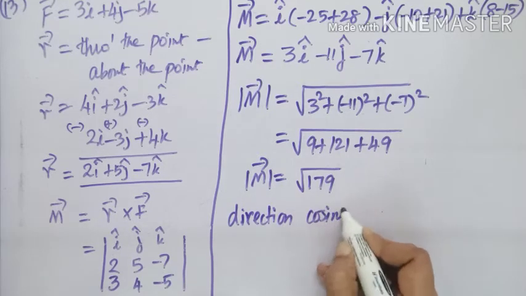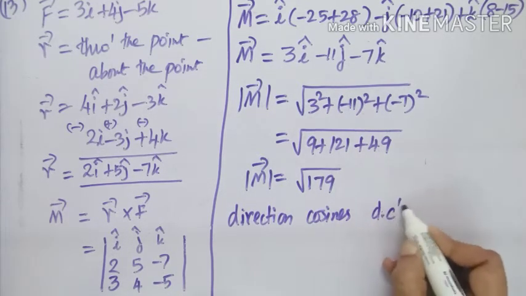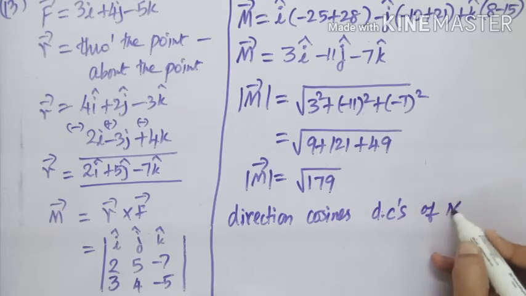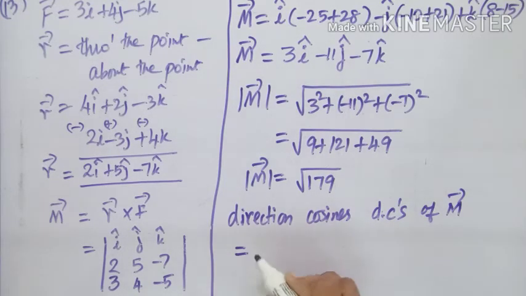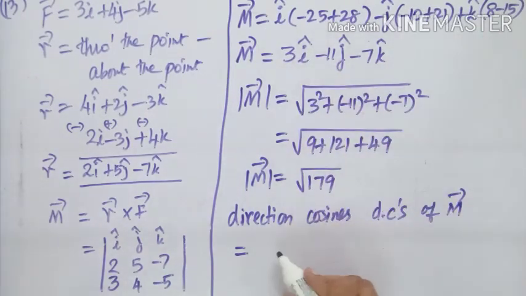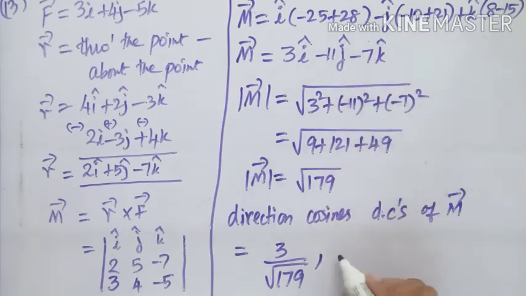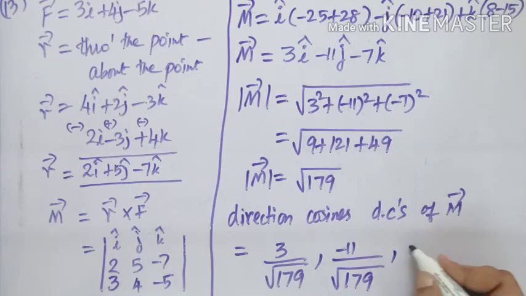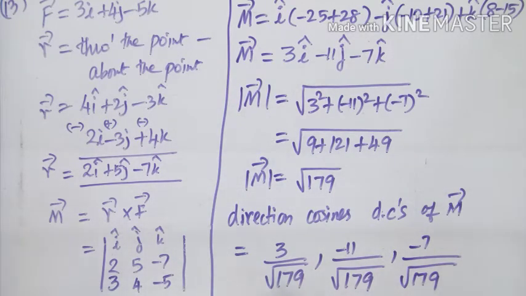Direction cosines, in short I call DCs of M, is nothing but every component divide by the modulus. So the first component 3 by root 179. Second component minus 11 by root 179. And the third component minus 7 by root 179. So what we have written, we call the direction cosines. That is the answer.